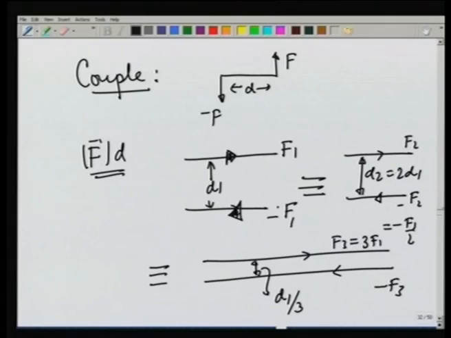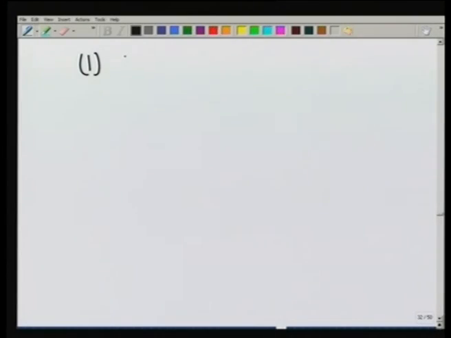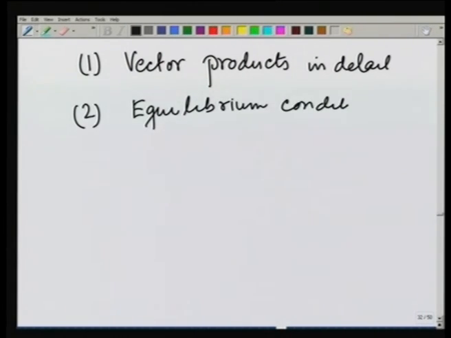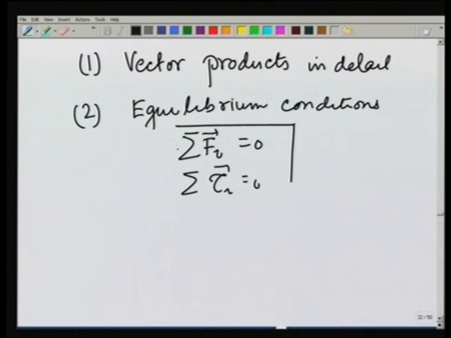So, let me just recap what all we did in this lecture. One, we looked at vector products in detail. Then we looked at equilibrium conditions and found that summation F I is equal to 0 and summation torque I is equal to 0 are both necessary and sufficient conditions to ensure equilibrium.